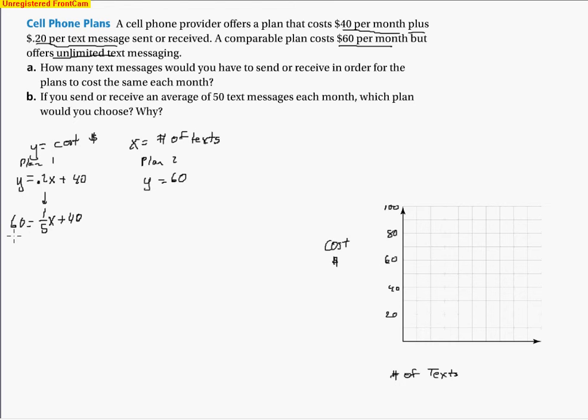And if I subtracted, I would end up getting 20 equals 1/5 x. So look, if I go ahead and solve this, I'm going to have to multiply by 5, and that makes 100. So I need to be able to show 100 texts on this. So I'm going to end up going by tens here as well. So this is going to be 10, 20, 30, 40, 50, 60, 70, 80, 90, 100. So they're going to end up crossing right at that last point.